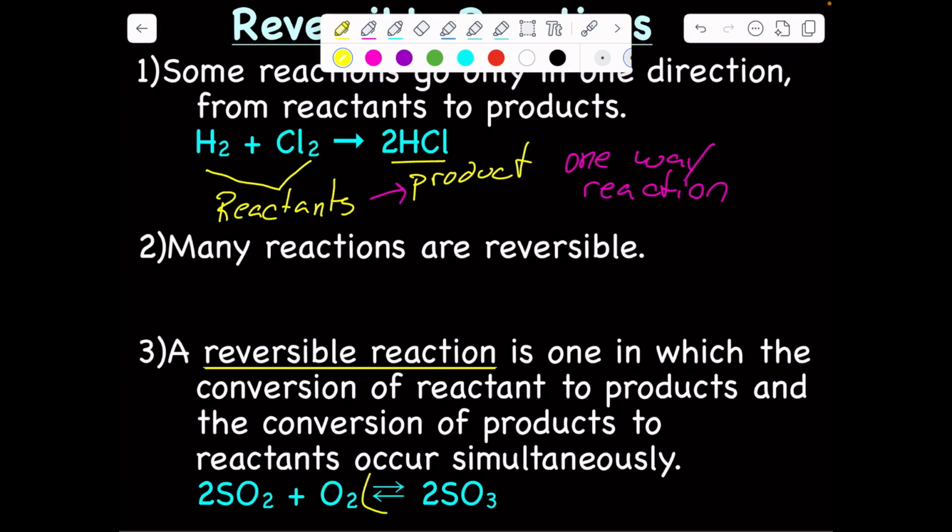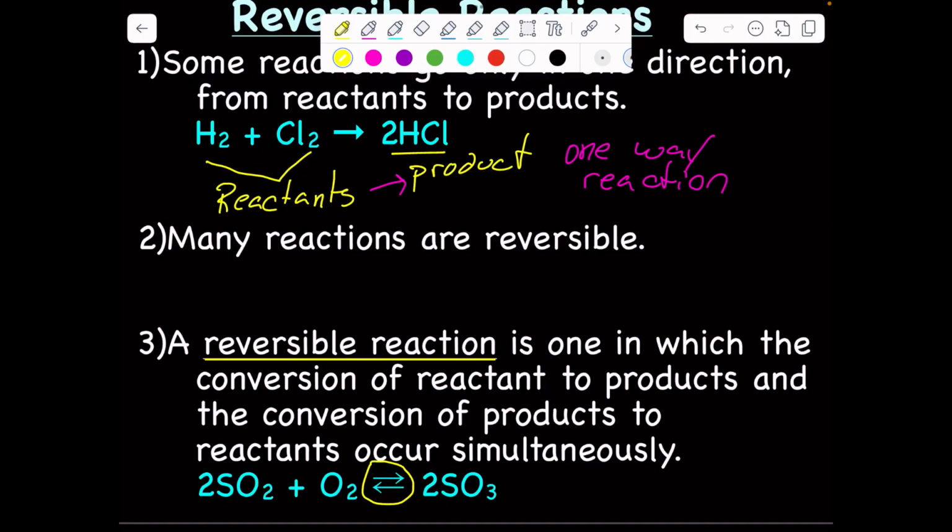And you can tell because there's an arrow going both directions. So we start with reactants making products, and then after a certain amount of time, and we'll talk about that in a minute, our products then break down to make reactants.